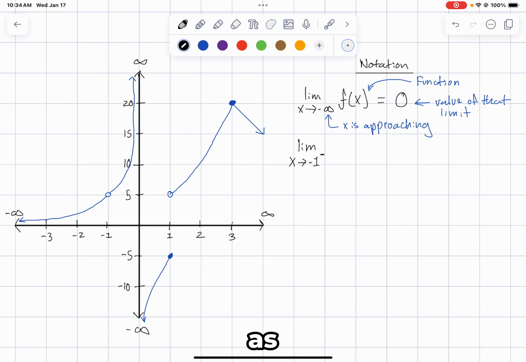Think about it as coming from -1 from the left side is minus, -1 from the right side will be plus. So first, we're finding the limit as we approach -1 from the left side of f of x, and we can just see graphically that is going to equal 5.